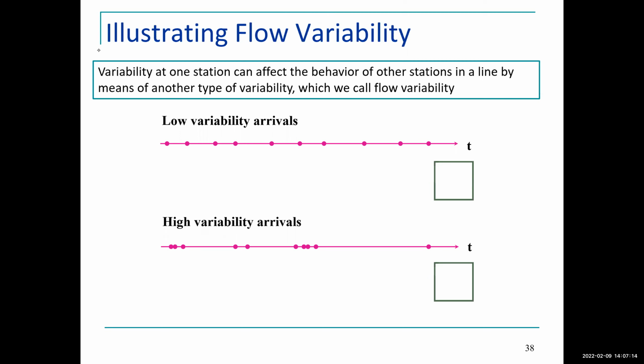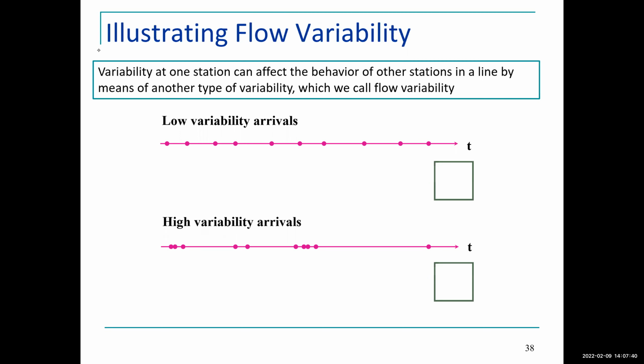And then I'm illustrating what I mean by low variability and high variability in this slide. You can see at the top of this figure, low variability shows entities arriving into the system and they're spread out. Essentially, they're arriving more or less, the inter-arrival times are about the same.